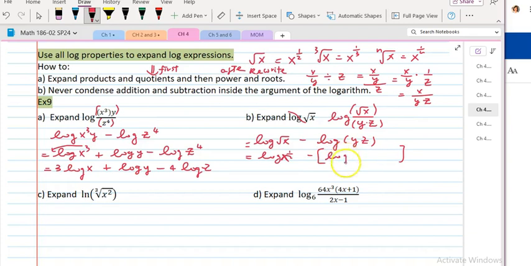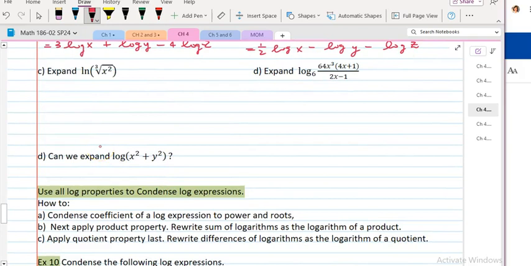If you are expanding, you have 2 expressions inside that are added, but it is under a bracket. Now you can move the 1/2 out, 1/2 log x. You distribute the negative in, minus log y, minus log z. So if you have two things in the denominator of the fraction, that's what you do.